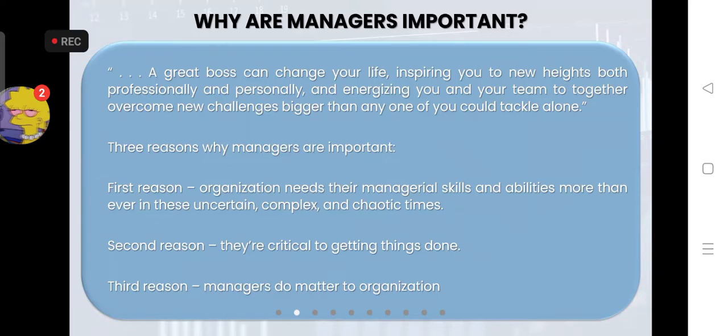For example, in a family setup, the children's lives depend on how their parents raised them. For example, Jerome: if his mama and papa keep fighting, it doesn't feel settled for him. So Jerome will be affected, and there is a possibility that Jerome will rebel. So these are examples of why managers are important.